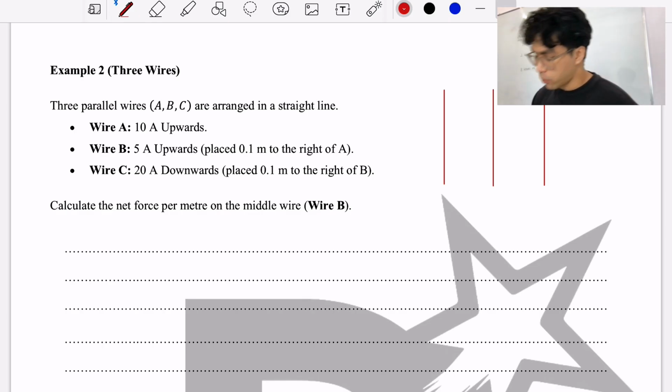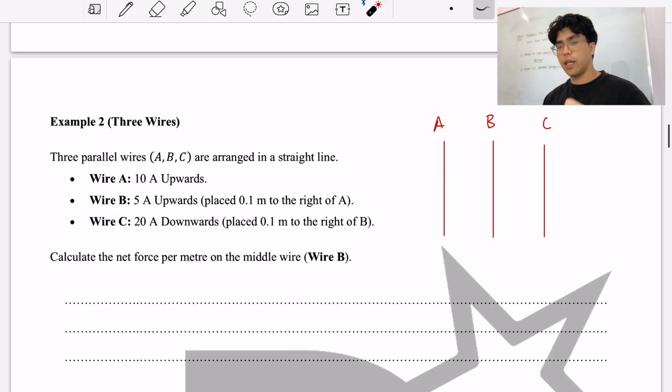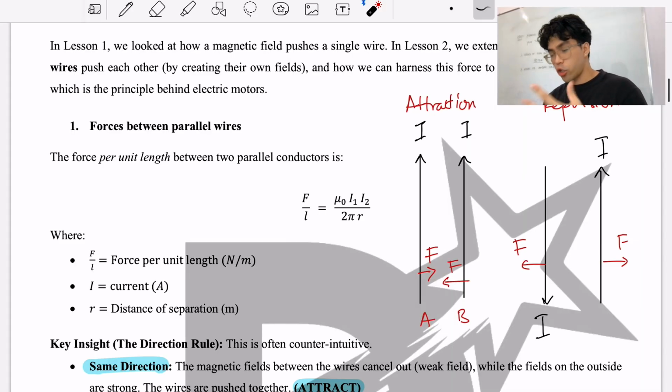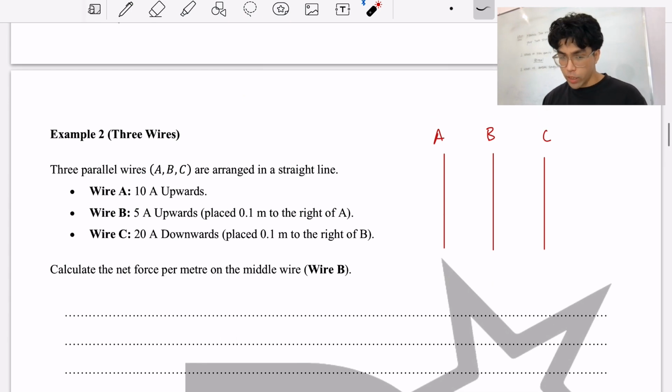Let's say, for example, this is A, this is B, and this is C. When you have 3 wires, you actually have 3 different pairs.